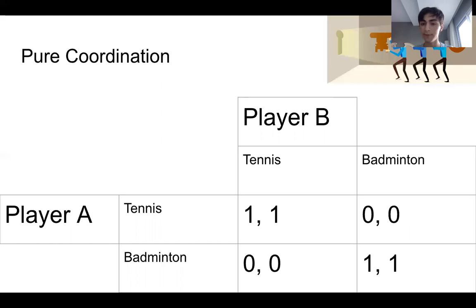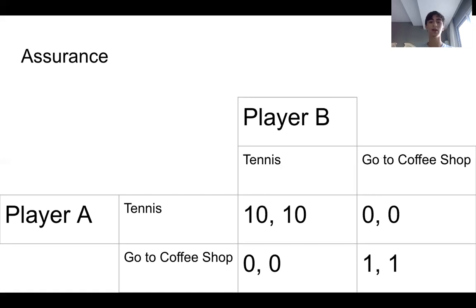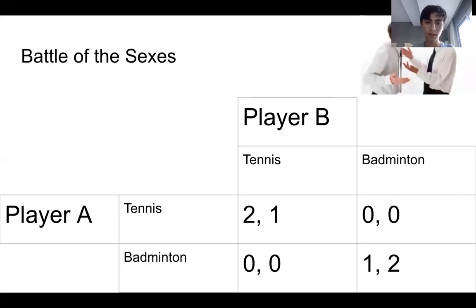And this one, if you repeat it, you just constantly choose randomly, right? You're going to flip a coin and you're going to say, oh, I'll go tennis this time and badminton this time, etc. In assurance, both players are always going to choose the option which is the best. In this game, it's again going to be 50-50.